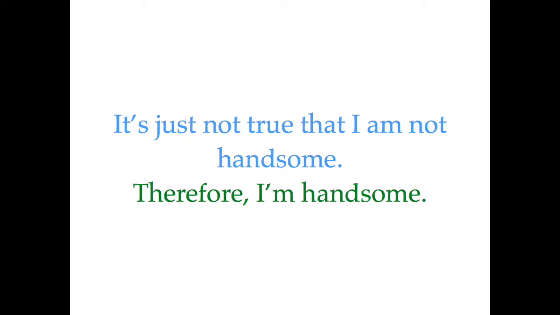There's just one premise. Here's what it says. It's just not true that I am not handsome. And your conclusion is, therefore, I'm handsome. Now, the premise here is not a conjunction. It is not a disjunction.